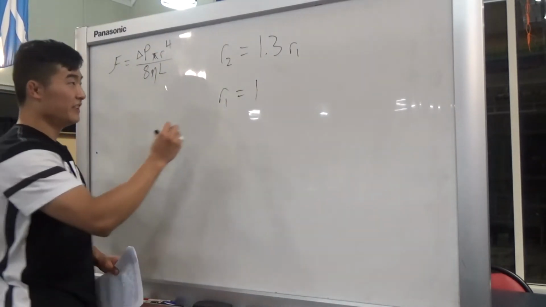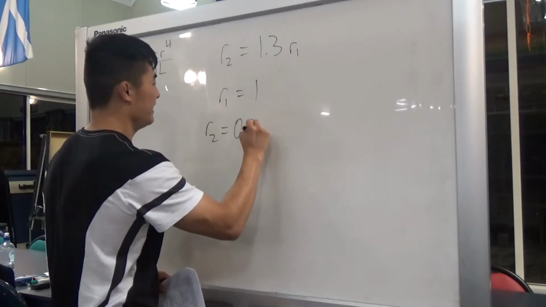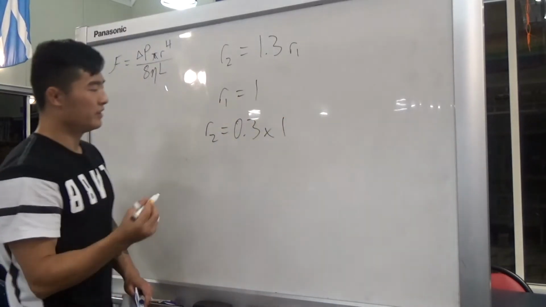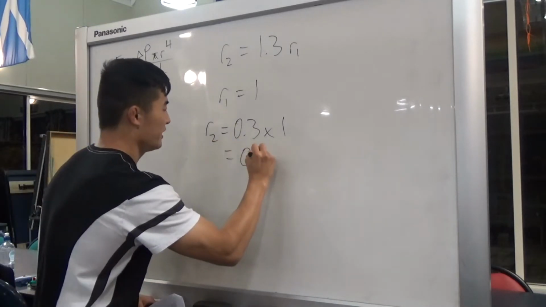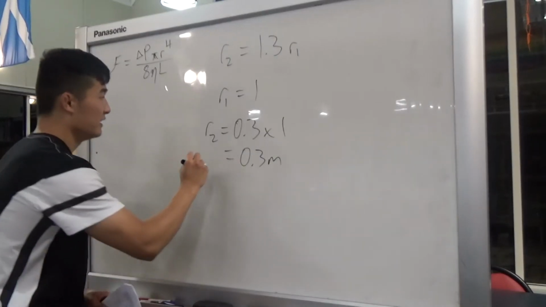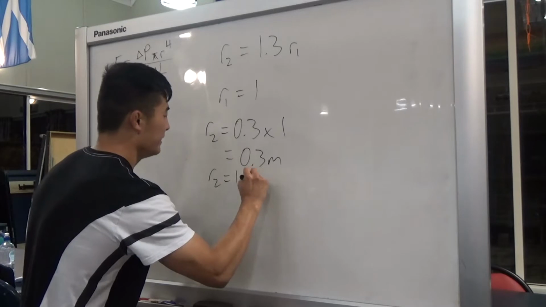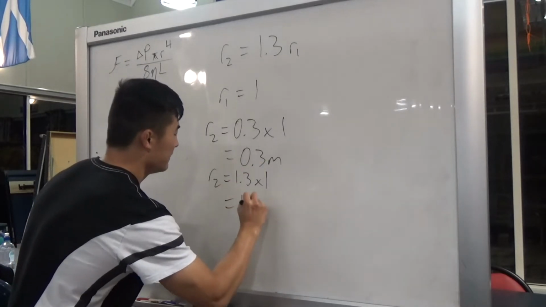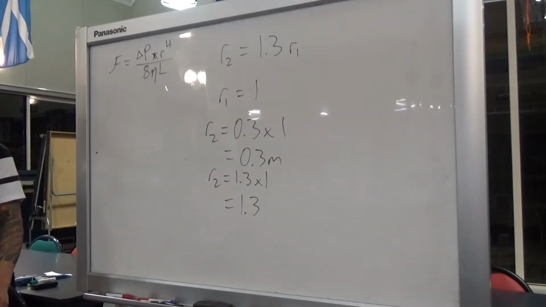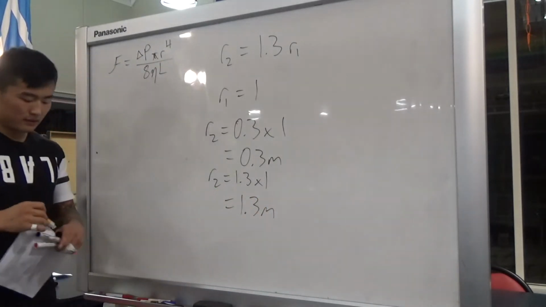Okay. So if you did R2 is equal to 0.3 times 1, that would be equal to 0.3, right? But if you did R2 is equal to 1.3 times 1, that's 1.3 meters, which is 30% greater, right? Okay.